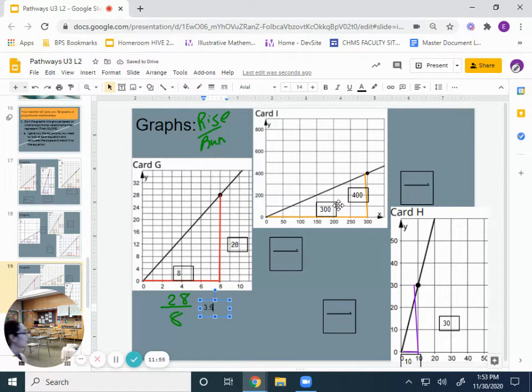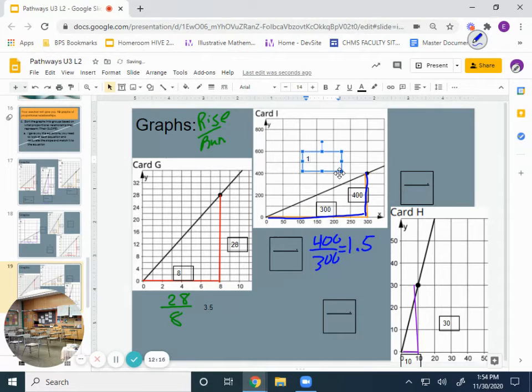Now if we look at this middle one here, if I write it as a fraction of rise over run, 400 over 300, which when I divide will be equal to 1.5. I'm going to label my slope of this line here 1.5.